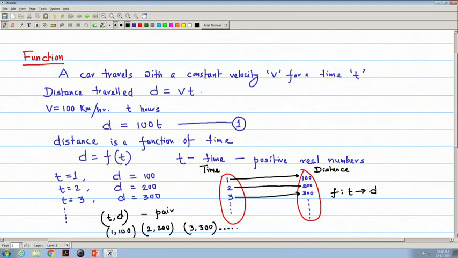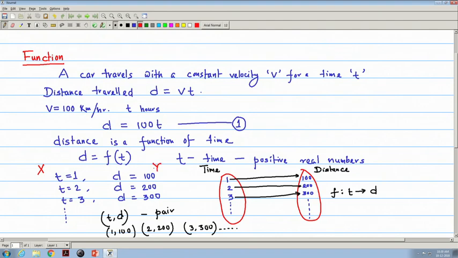And see, last day we have read the Cartesian product. Now, if I consider all these time values as a set called x, x consists of all the time values that the car travels, and y is the distance travelled.